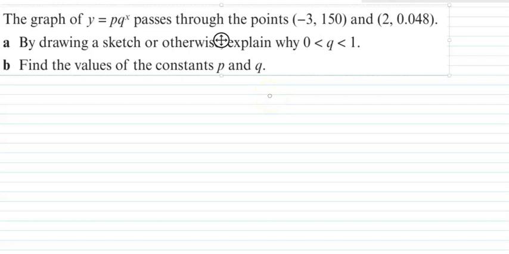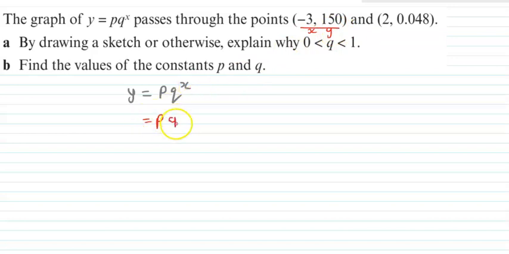Here it is y equal to p q to the power x, right? Now, if you see -3 and 150 is given here, so this is your x value, this is your y value, right? So if you put x is -3 and y is 150, this will be your equation 1, right?